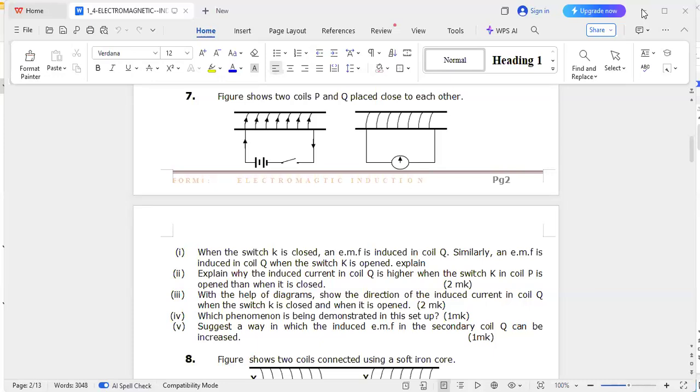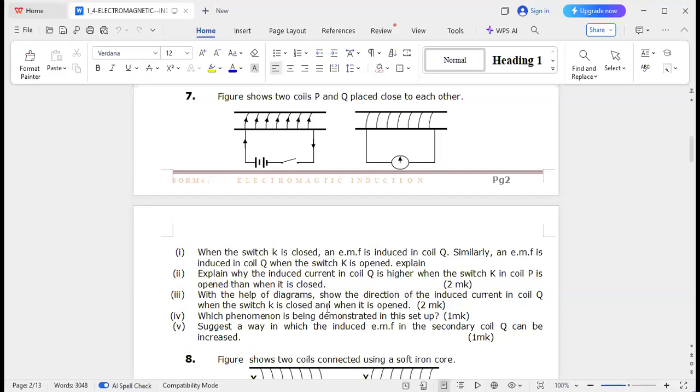Yes, Jose. My question was, according to the diagram, the direction at which the current is flowing is when the switch is open. And according to your answer, you are saying that when the switch is closed, it will remain the same.